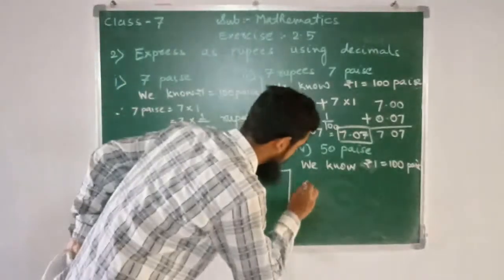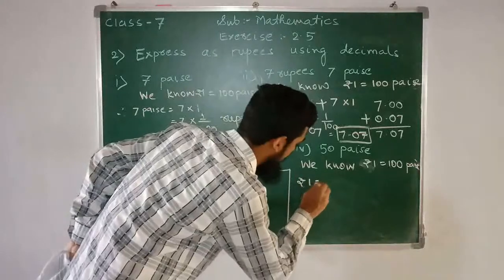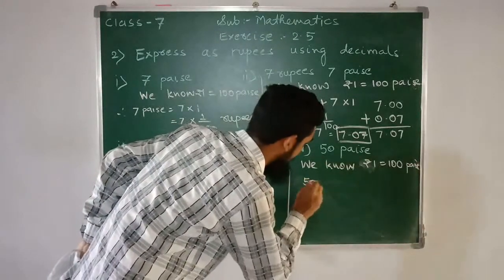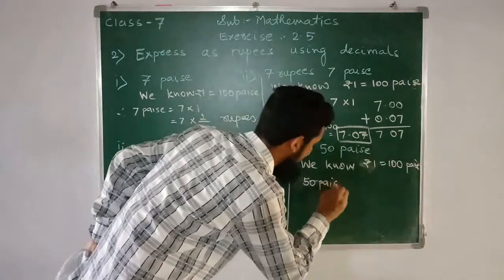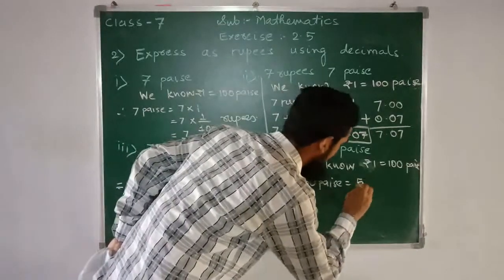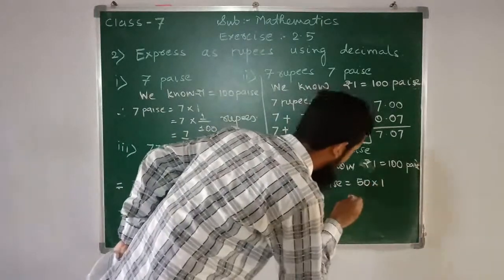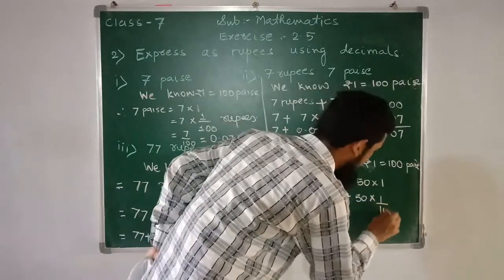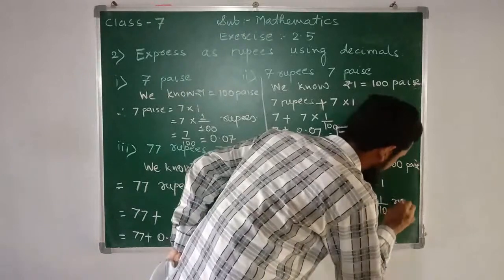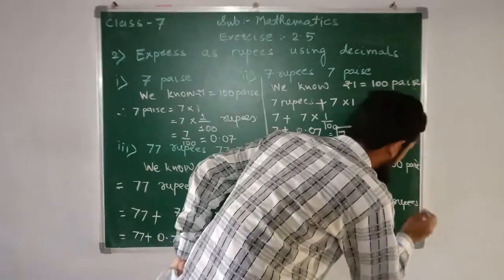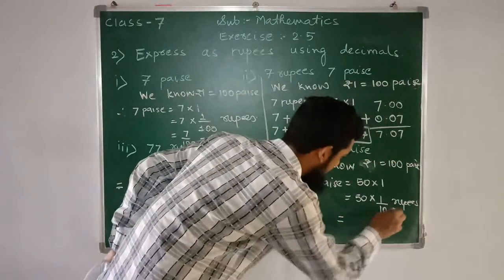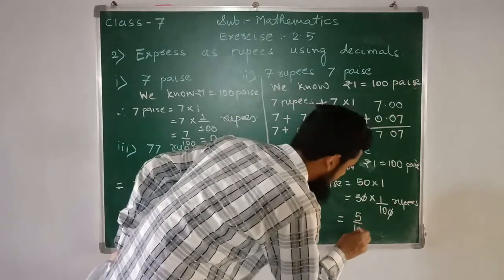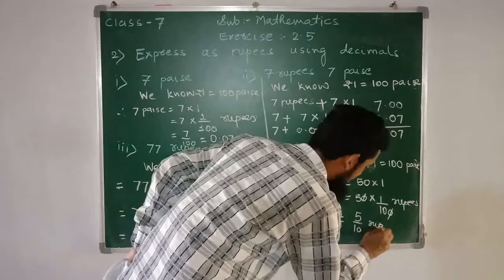Okay, so rupees 1, for the 50 paisa is equal to 50 multiplied by 1, so 50 multiplied by 1 upon 100 rupees. So beta 0 cut, so 5 upon 10 rupees.